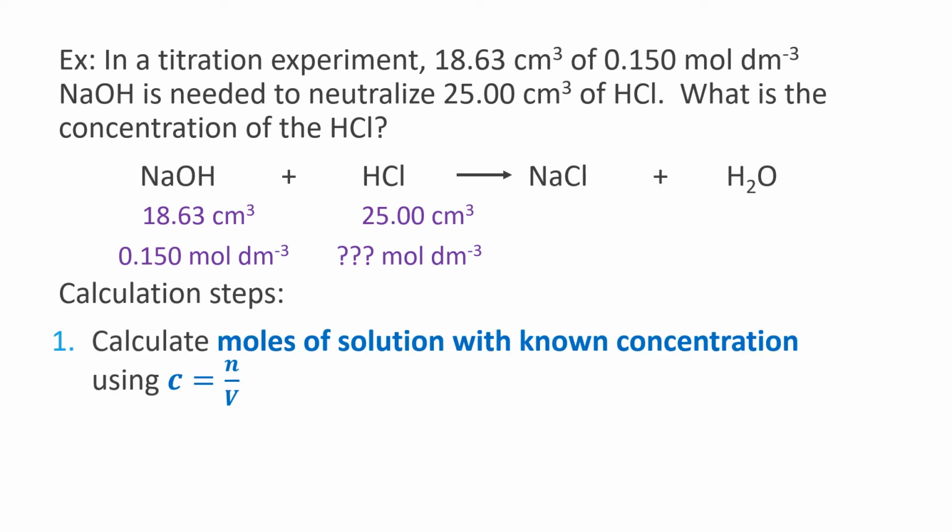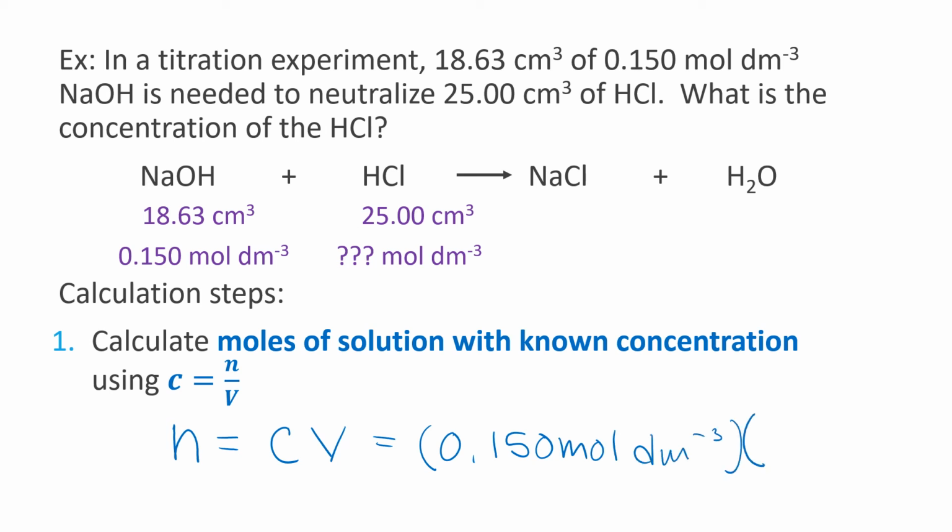Step number 1, what we're going to do is we're going to take that NaOH solution, the solution that we know the concentration of, and figure out how many moles have reacted. And so we're just doing that using C equals n over V. And so that means if we're solving for n, the number of moles, n equals C times V. So our concentration is 0.150 moles per cubic decimeter.